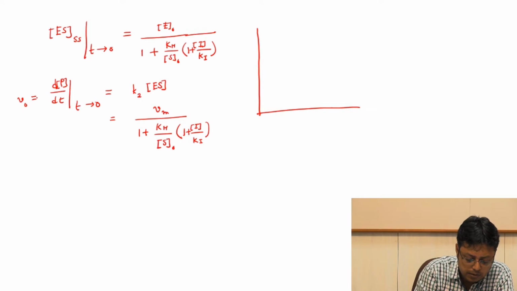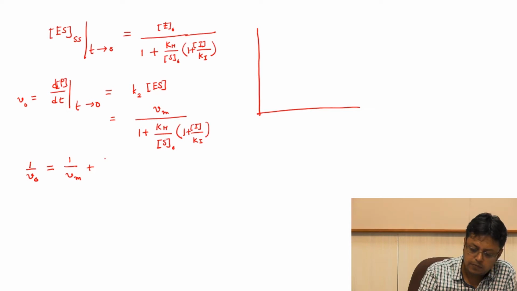The Lineweaver-Burk form, if I write it, it will be 1 over V0 equals 1 over Vm, plus it will become Km divided by Vm into 1 plus inhibitor concentration divided by Ki into 1 over S0.